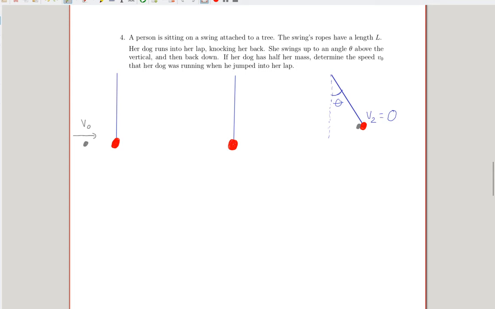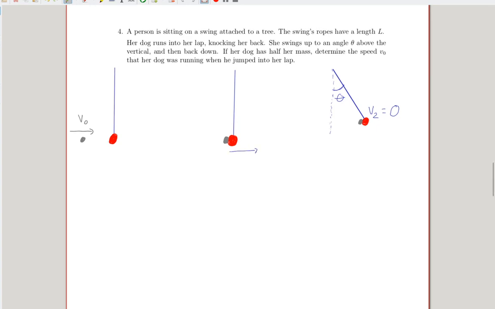The intermediate picture is right after the collision. And at that point, after the collision, the two of them have not yet started to swing upward, but they're moving to the right at some speed v1.